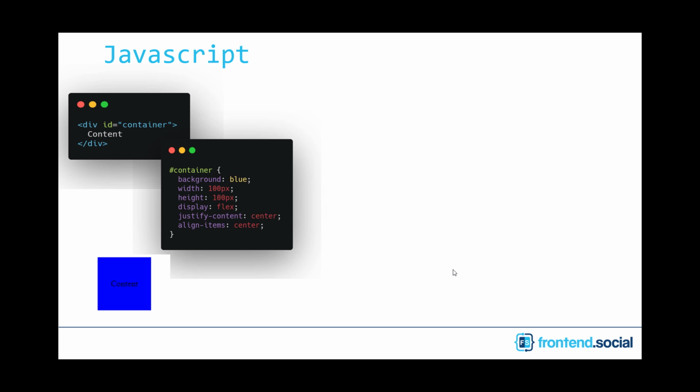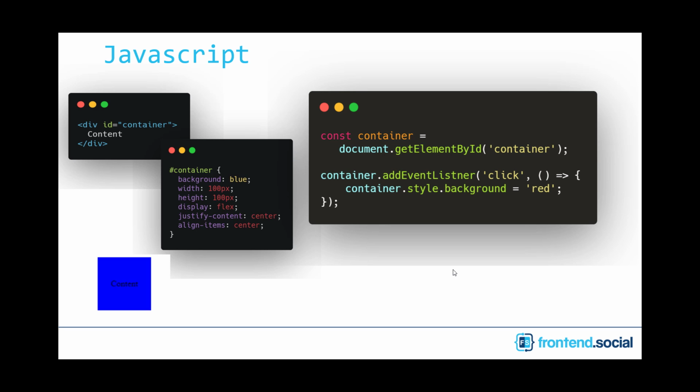What we have to do is grab the content div, put a click event on it, and as soon as it is clicked, change the background of the div. If you look at this code, we are getting hold of the div with the ID container using document.getElementById container.